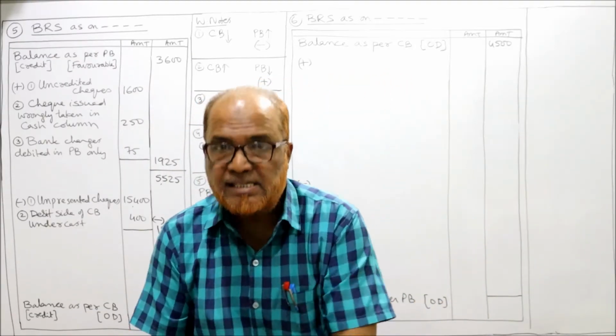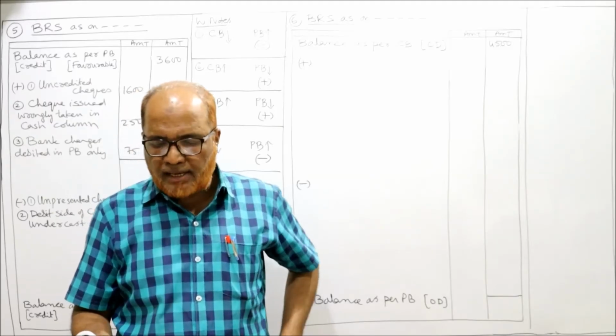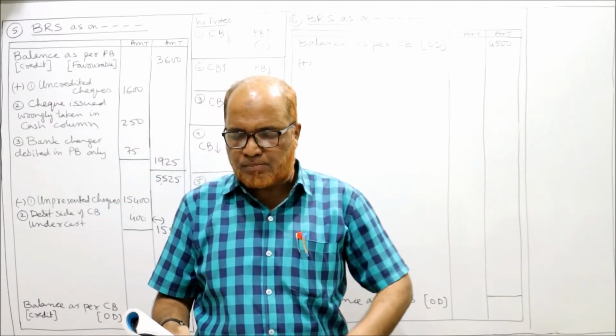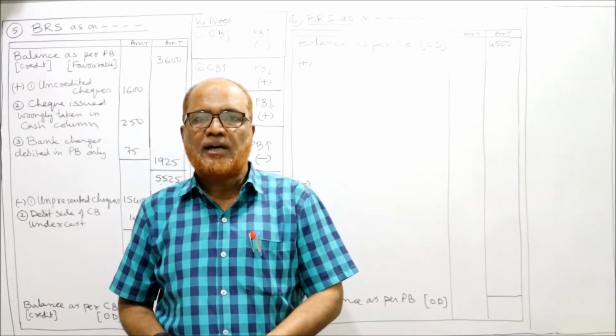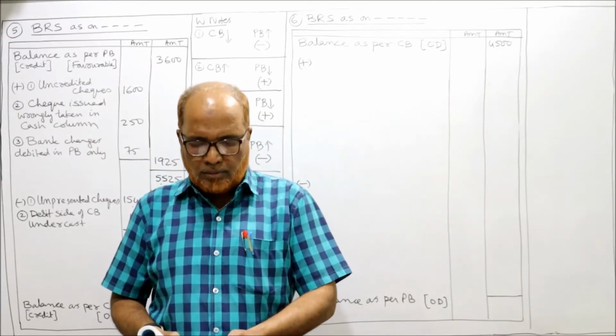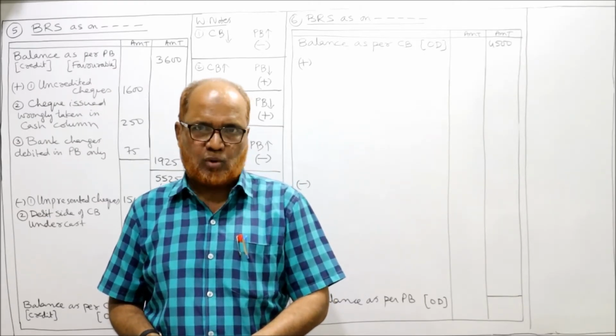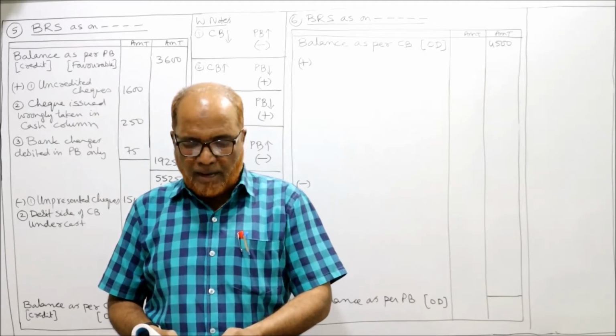Now I am reading out the sixth problem. See the sixth one. On the basis of the following information, ascertain the bank balance as per passbook number 1. The customer is having two accounts, passbook number 1, passbook number 2. So we have to find out the bank balance as per passbook number 1.